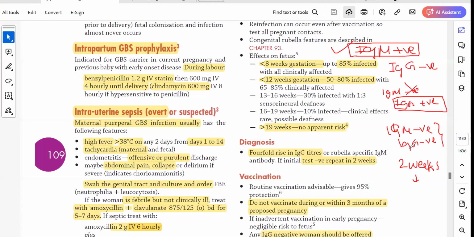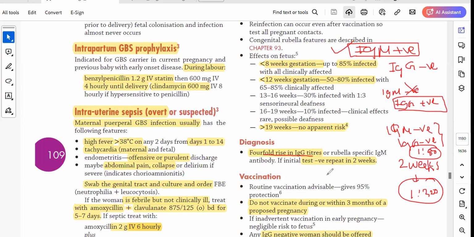After 2 weeks, if you see that either IgM became positive or IgG rose, let's say the initial titer was 1/80 and now there is a 4-fold rise of titer, 1/320, so definitely this is a 4-fold rise of antibody titer.